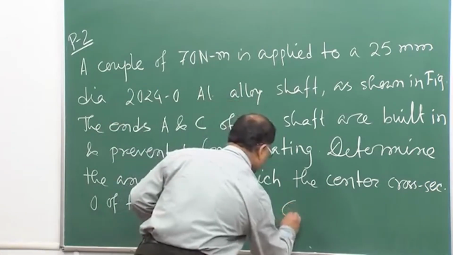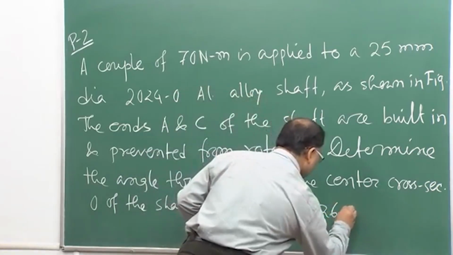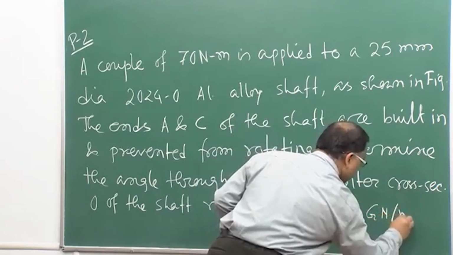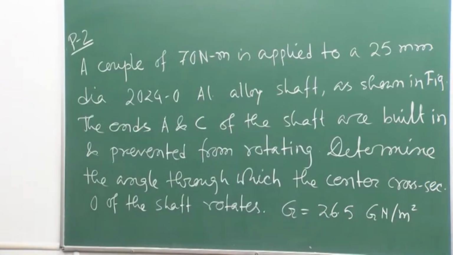Given G, the shear modulus, is 26.5 giganewton per meter square. So, let me draw the figure, then I will explain.